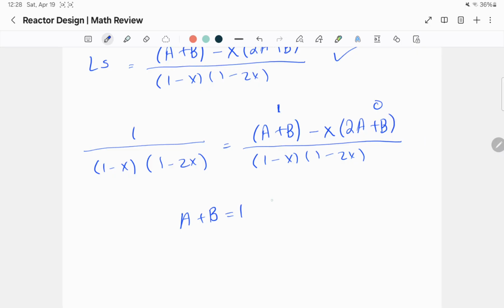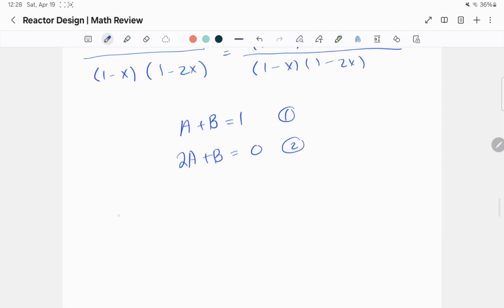Okay, so our equations are A plus B equals 1, and this must equal 1 and this must equal 0 for these two functions to equal each other. That's equation 1. And 2A plus B equals 0, equation 2. So using equation 1, A equals 1 minus B. Sub that into equation 2.